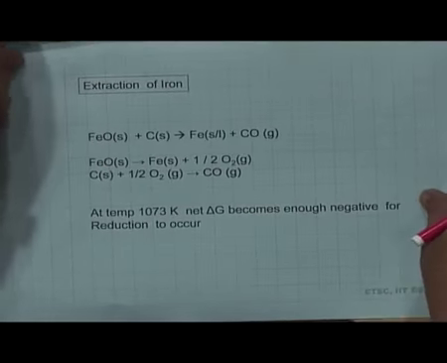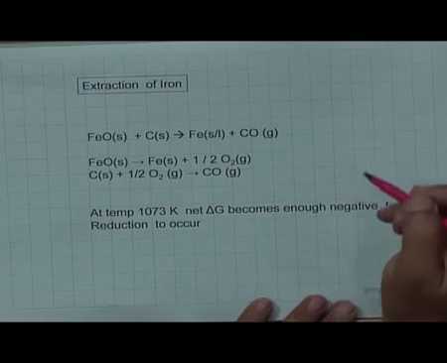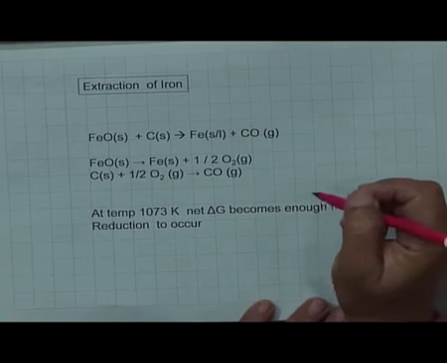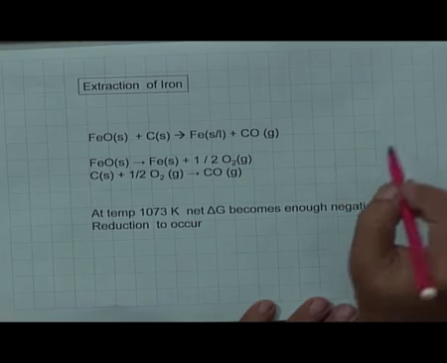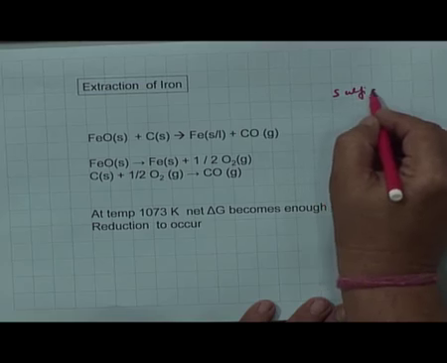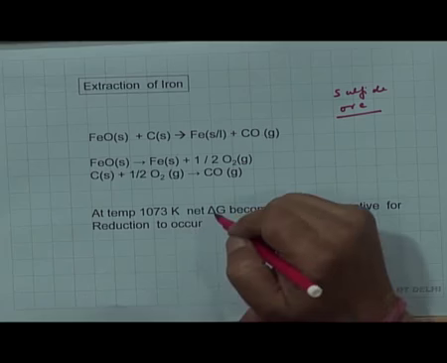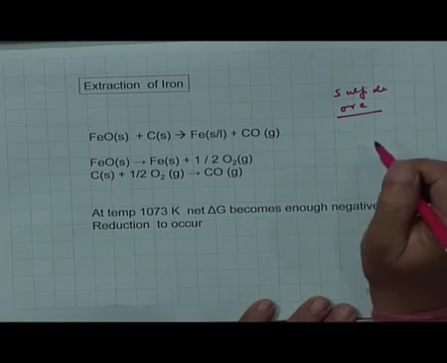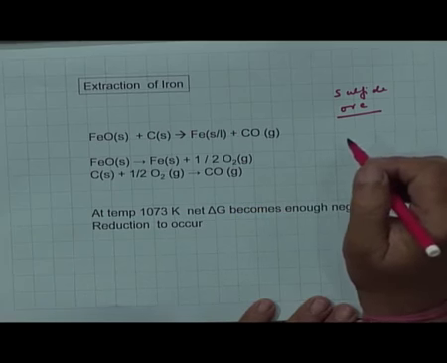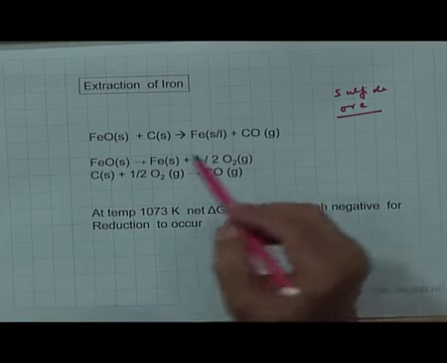Now, let us take some examples. Extraction of iron. Iron is largely present in the form of sulphide ore. So, what will we have to do? We will have to convert sulphide ore definitely via a process of roasting into oxides.